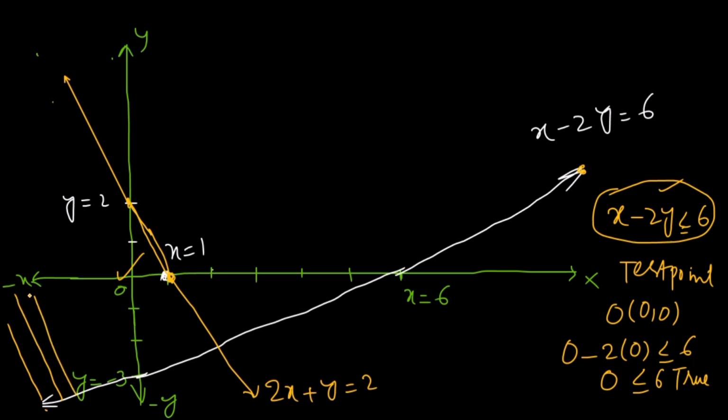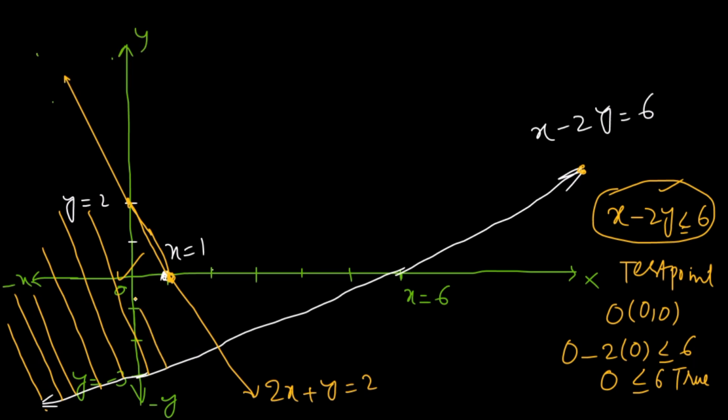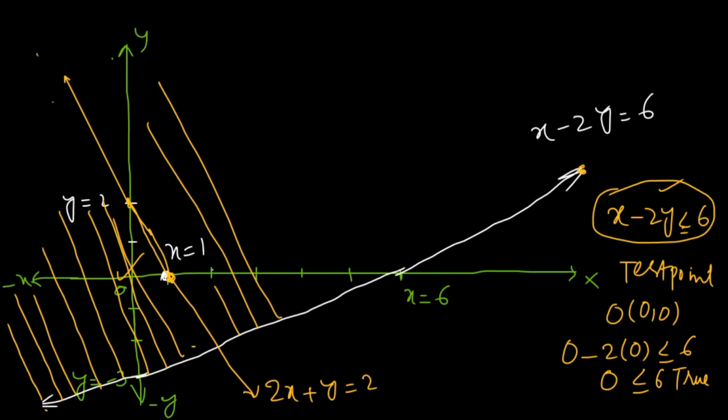So we shade this above this line, like this. Towards the origin means like this.